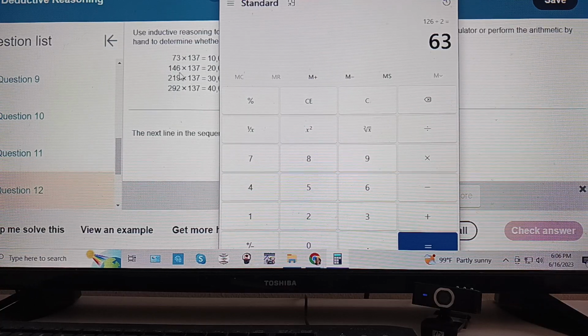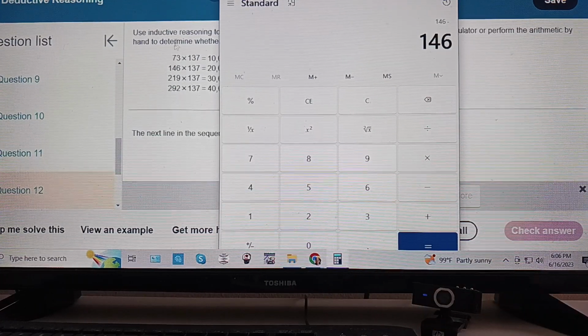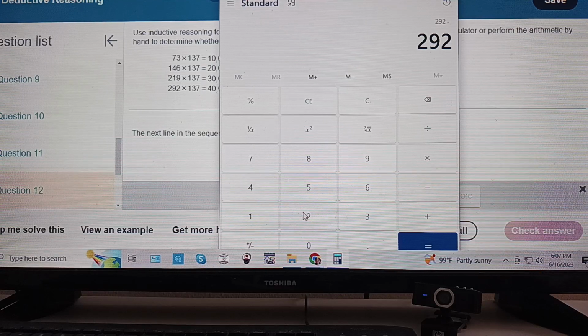So if you take the second answer, 146, minus the first one, 73, whatever that subtraction is, 73, then if I did the third one minus the second one, or the fourth one minus the third one, I should get 73 every time. So does 219 minus 146 equal 73? Yes, it does. Does 292 minus 219 equal 73?